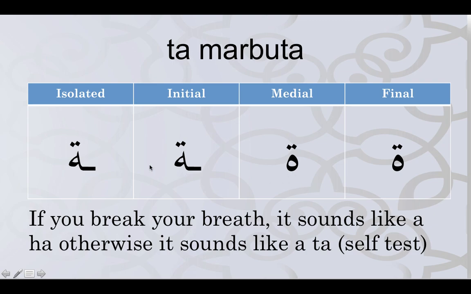So I will give you examples of this when I go into the exercise video, but the only thing that is going to be on your self-test regarding this particular letter is that if you break your breath, it sounds like a ha. Otherwise, if you don't break your breath, it sounds like a ta. And this is its isolated, initial, medial, and final format. And don't worry, we will go into a lot more detail in the exercise video of what the ta marbuta is all about.